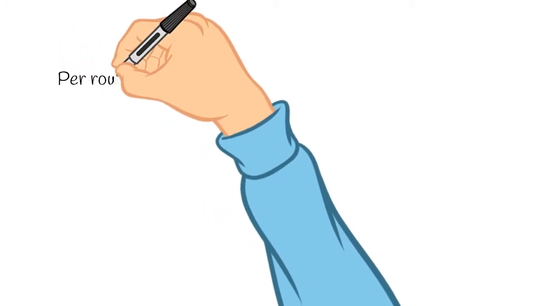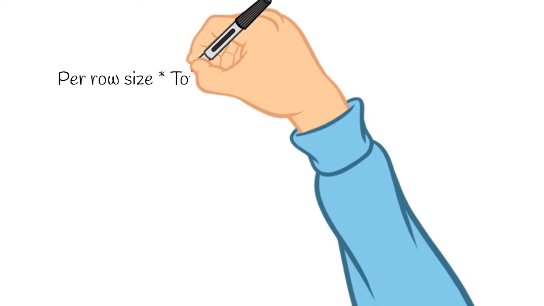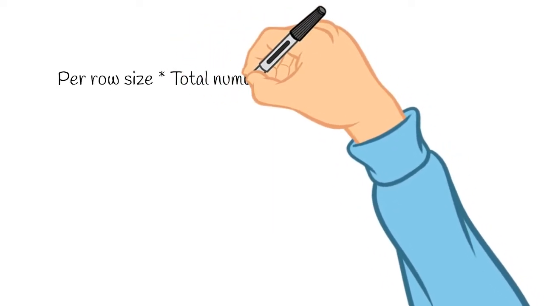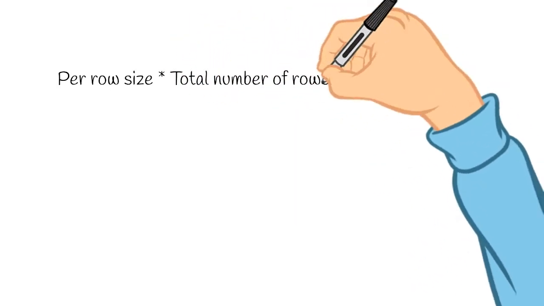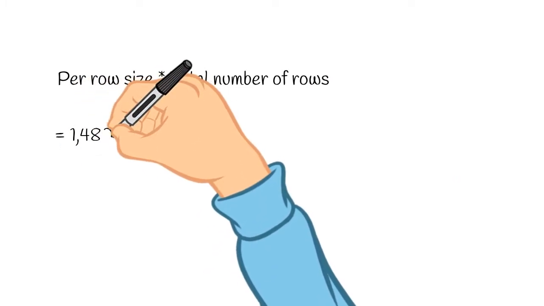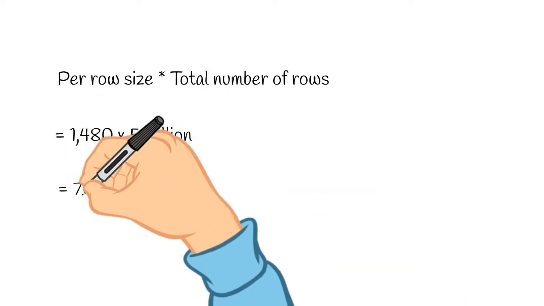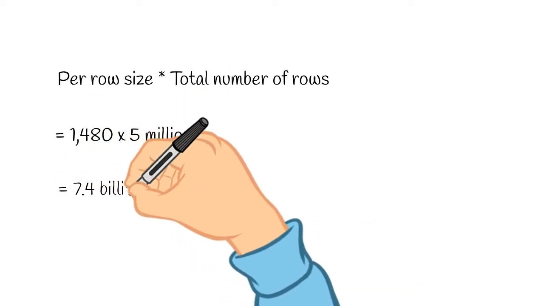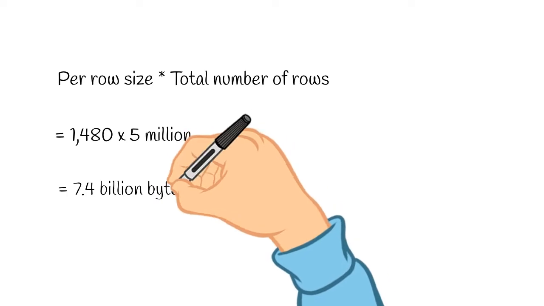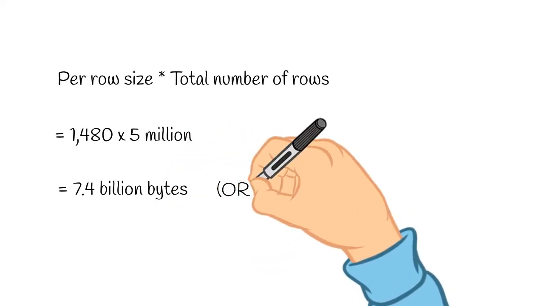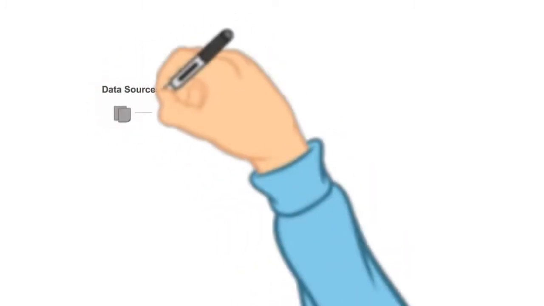Now we multiply this row size with the number of rows and then we get a final estimate on the size of SPICE capacity needed. So 1480 times 5 million will give you approximately 7.4 billion bytes, which is approximately 7 gigabytes.